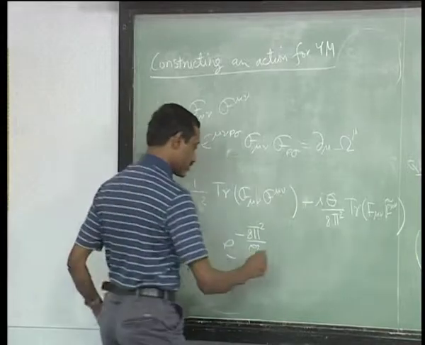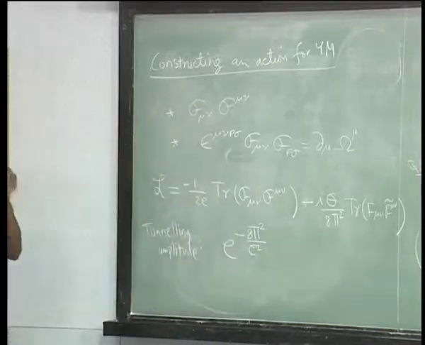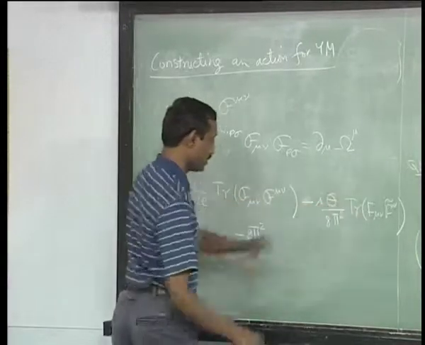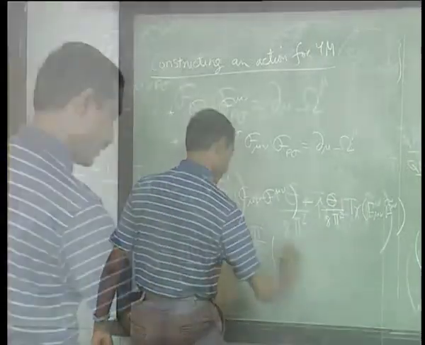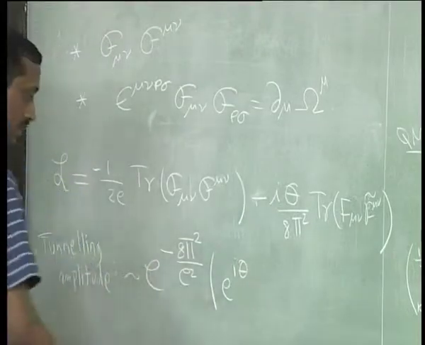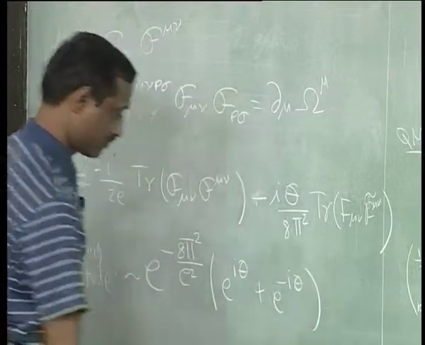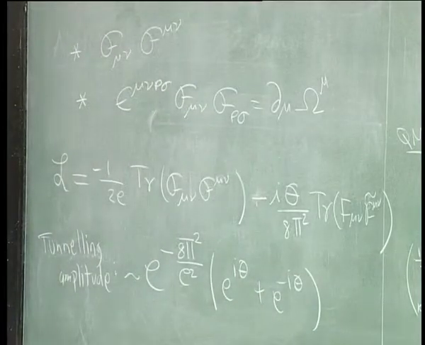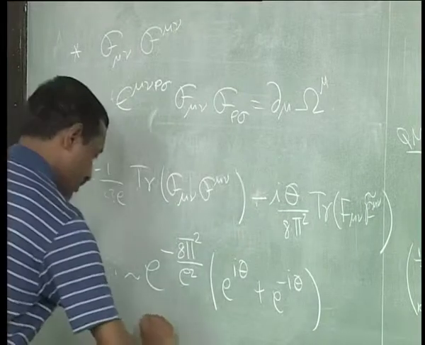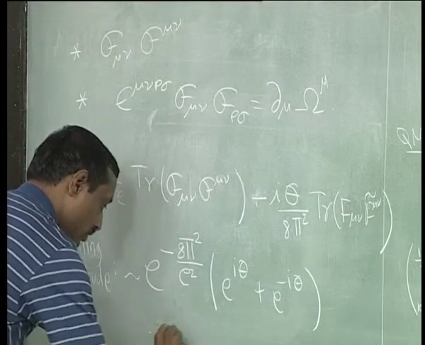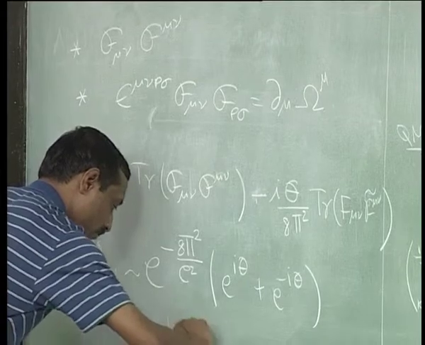So this is the one instanton contribution, but there are 2 such contributions. If you add such a term, one of them will give e power I theta and the other will give e power minus I theta, okay, plus terms which are suppressed. So, higher instanton terms.